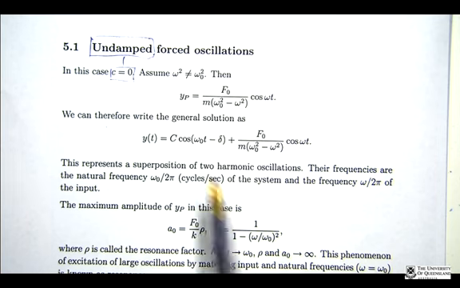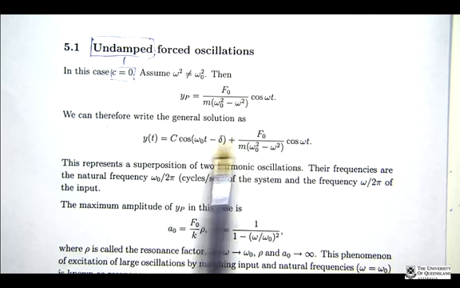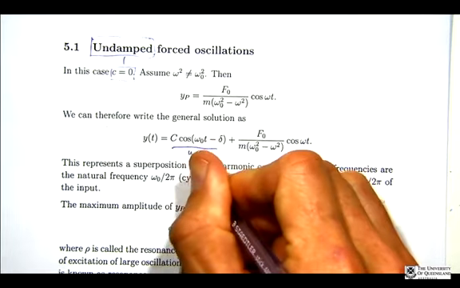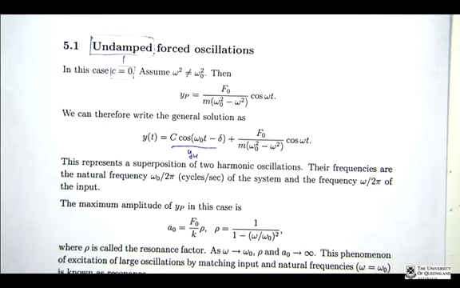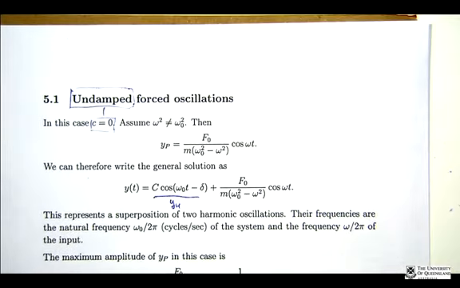But what I've actually got here is the general solution just written as the sum or the superposition of two cos functions. So it's actually this term here that is the homogeneous solution, YH. So let's just have a quick look at why we can write the homogeneous solution like that.